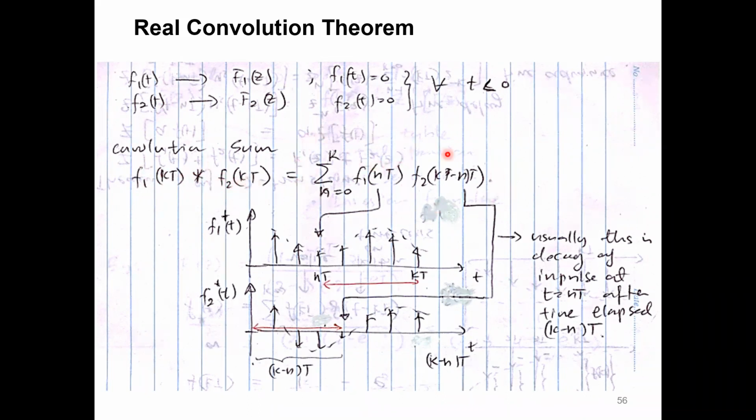The mathematical description for convolution is this summation. Now here I have n as my time index, n equals 0 to k. K is the present time here, right? I am at this time right now, my present time, kt. F1 nt times F2 k minus nt. So this is the convolution sum defined, right?